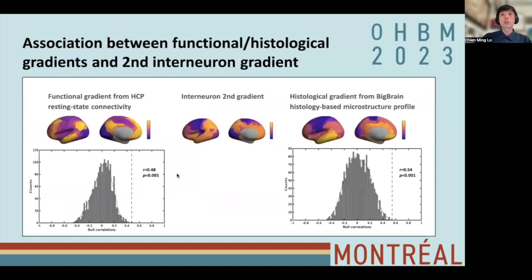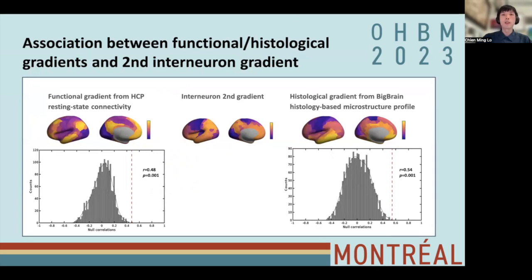To further prove the concept, we acquired the classic functional gradient from the HCP dataset and the histological gradient derived from the microstructural profile of the BigBrain histological dataset. We compare these cortical maps using the spin permutation test.